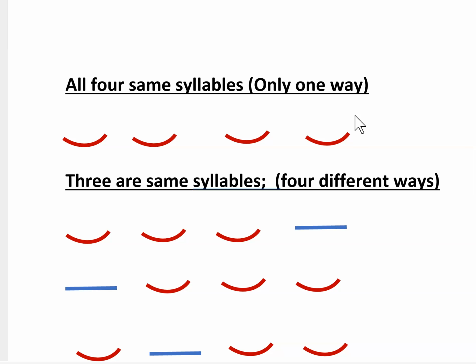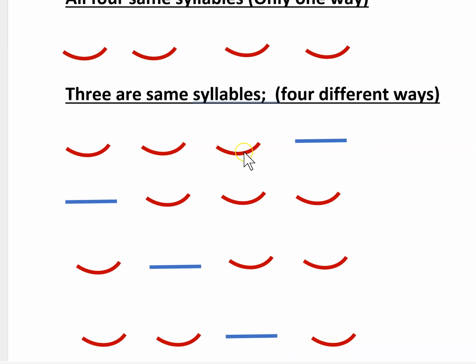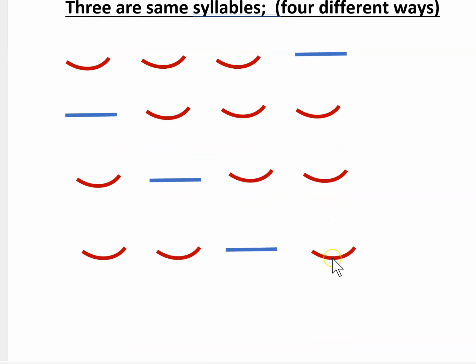That's very clear. Now if you have 3 curves, you could have 1 line here, that's 1 way, and you could have 3 curves here and another line here in the second way, or you could have 3 curves here, 2 here and 1 here, and a line, that's the 3rd way, and this is the 4th way.